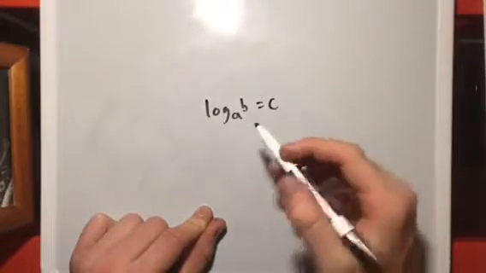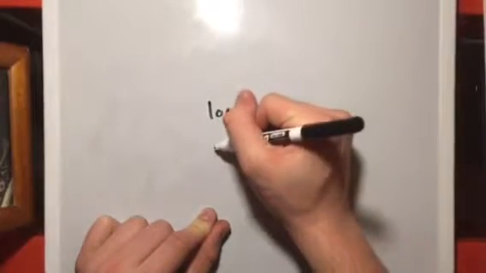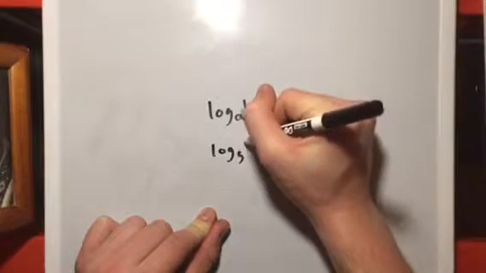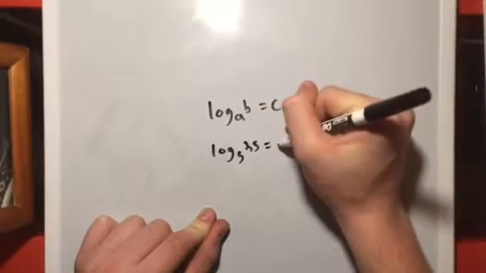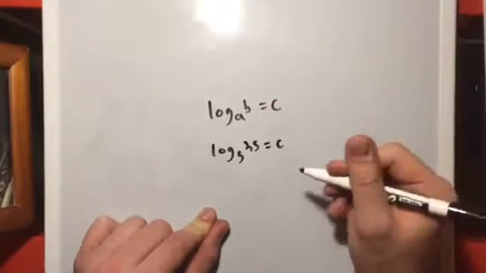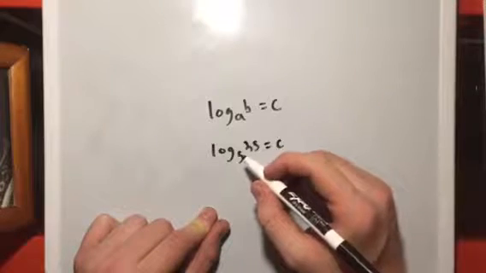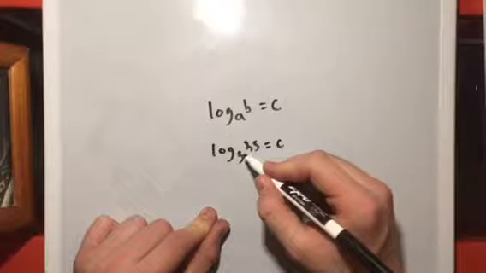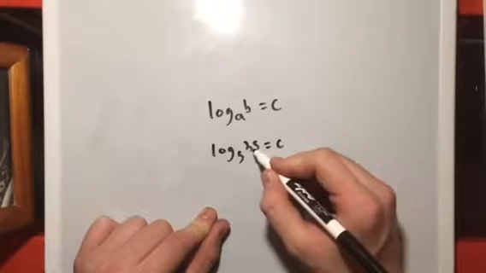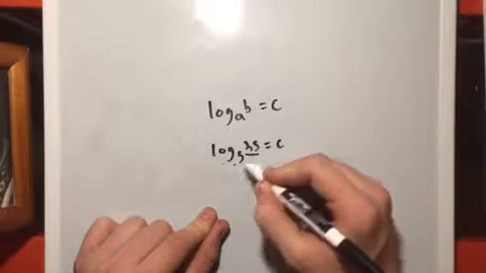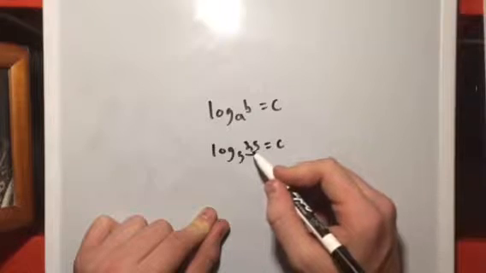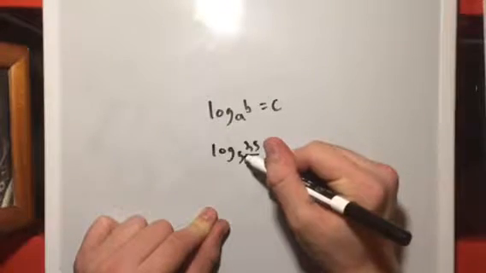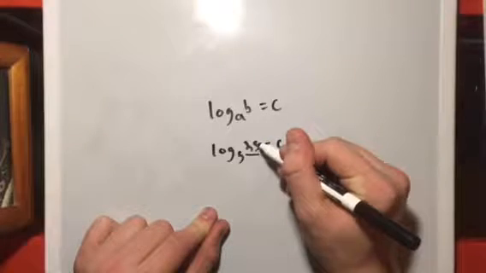Now let's plug in some numbers. Let's say we have log base 5 of 25, and we need to figure out C. So, a log is finding out the power of which this base goes into this number right here. Since this is a simple problem, we know that 5 times 5 equals 25.